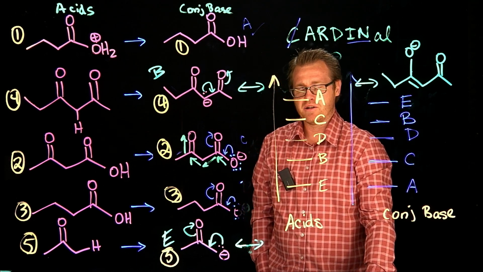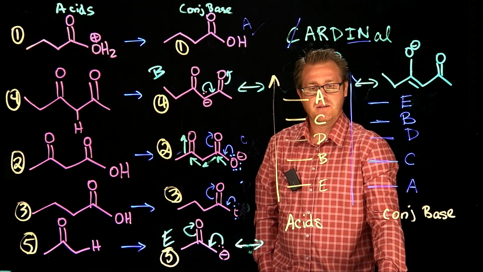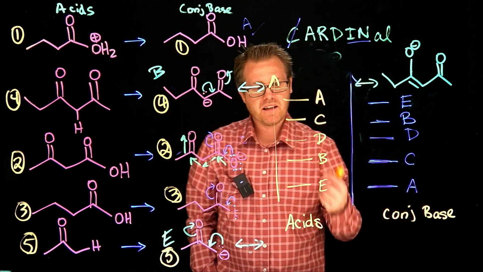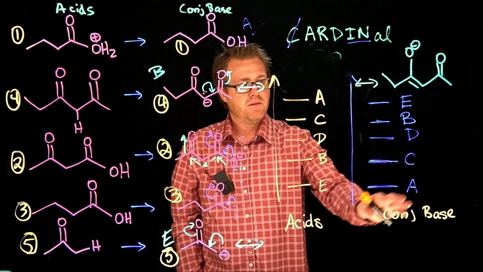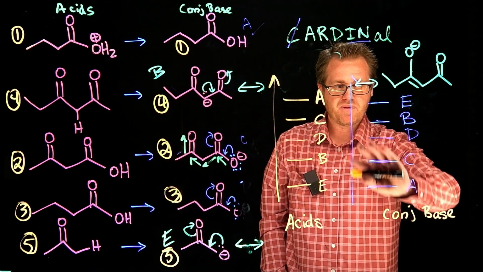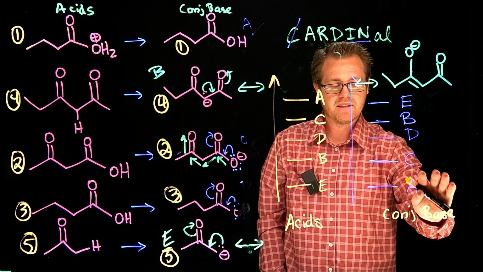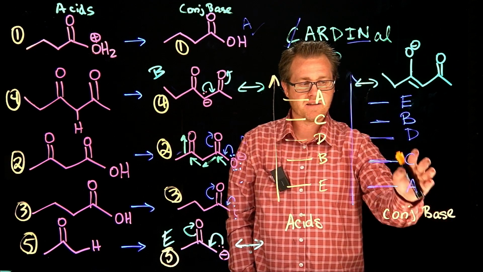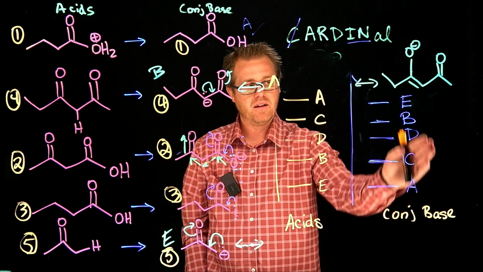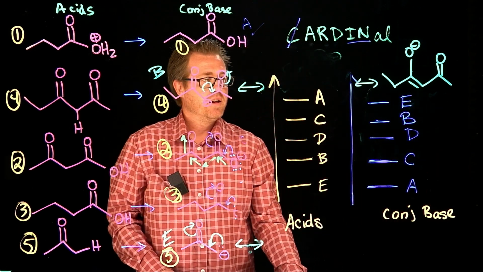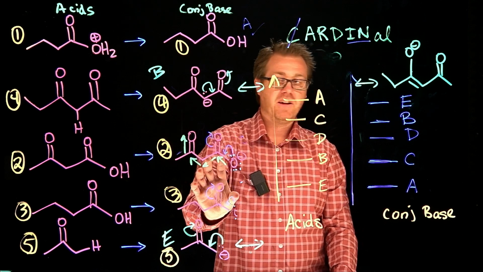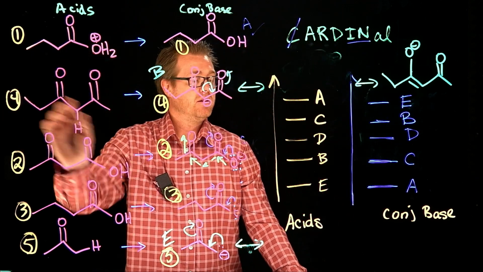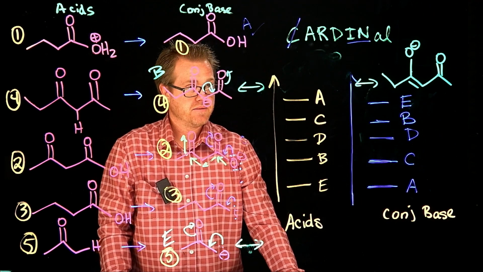That makes no energetic sense. And so that's how I like to view it. I always do the conjugate base first. That's always the best way to go. Analyze the stability of your conjugate bases to figure out the strength of your acids. All right?